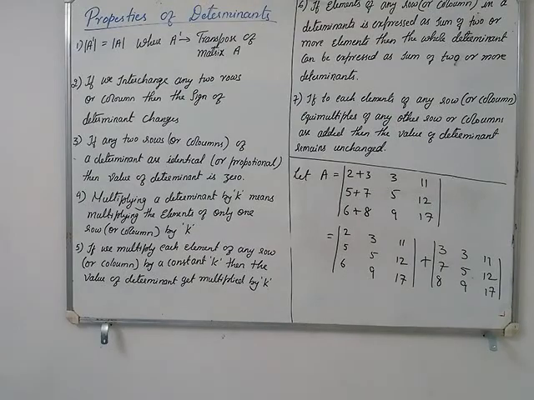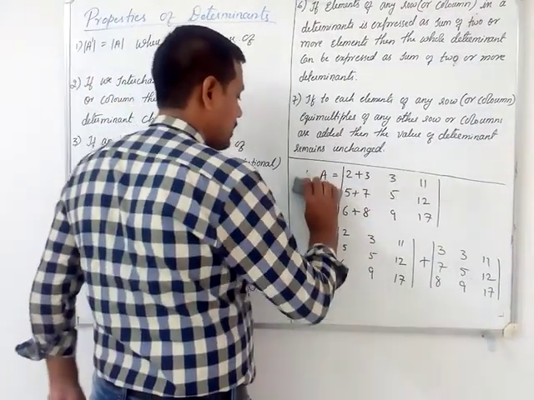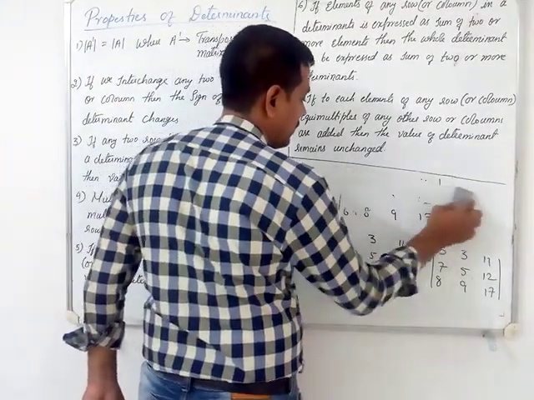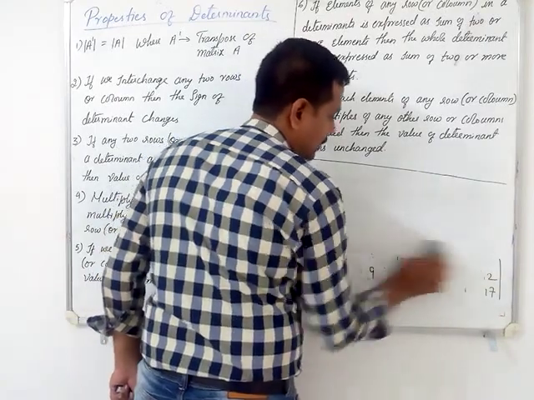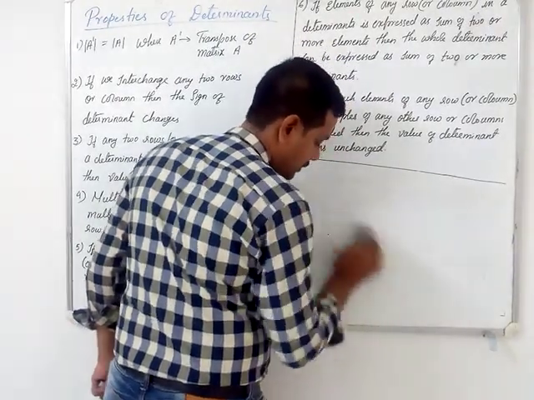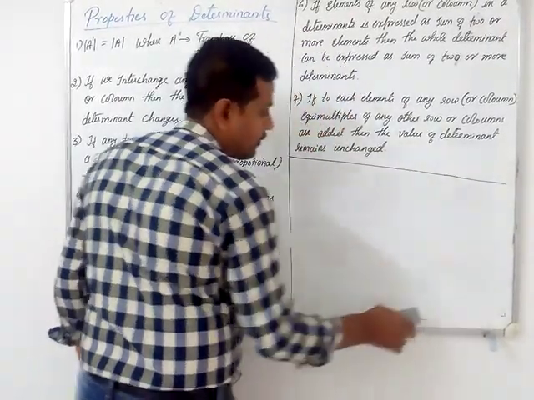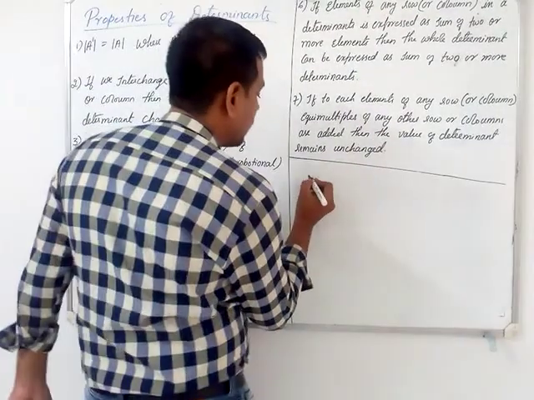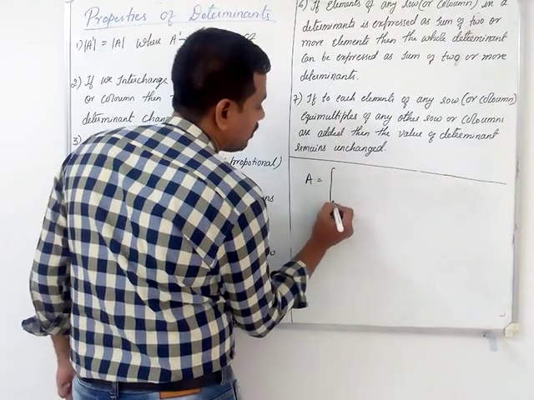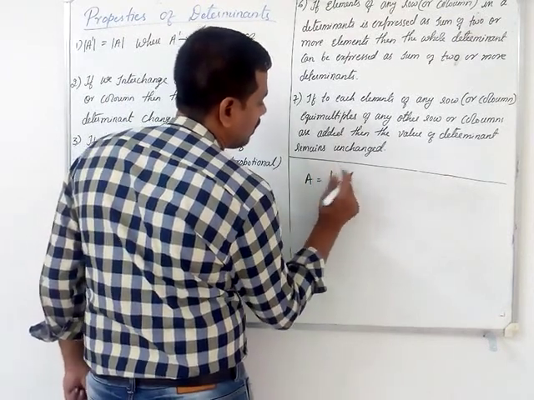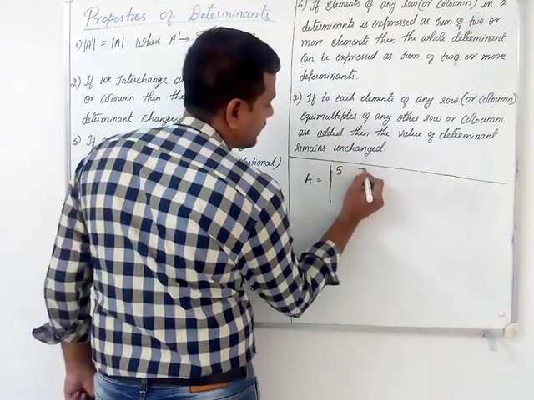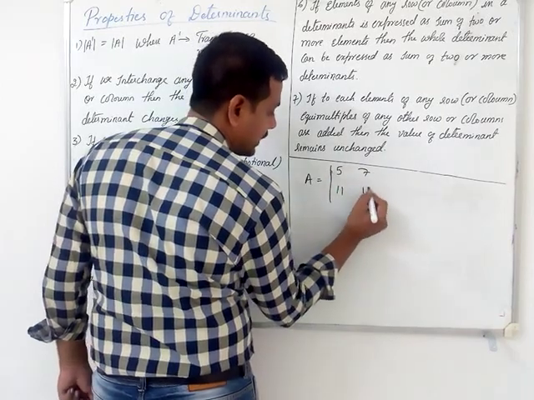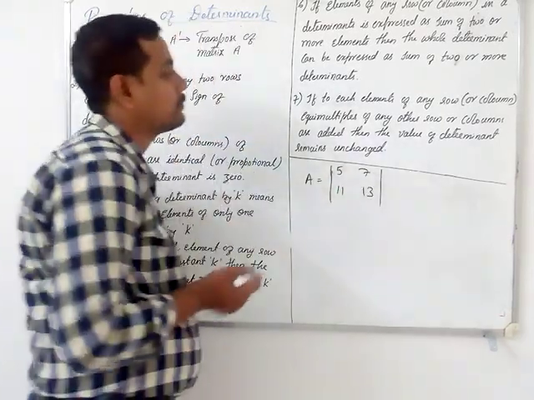So what is the meaning of this? Here, what he is telling, let A be equal to the determinant with rows 5, 7 and 11, 13.